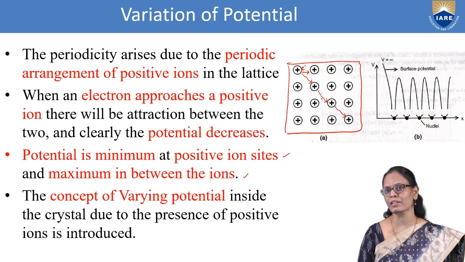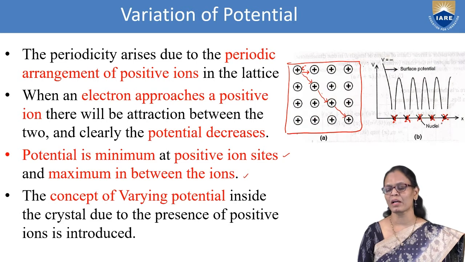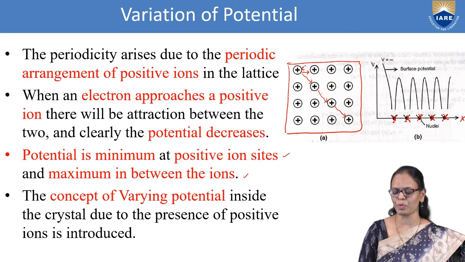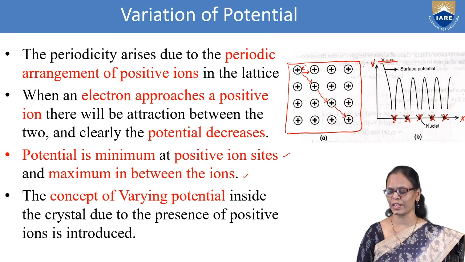So this is what we are talking about: periodicity. If you see in this diagram, this is a positive ion site. These are the positive ion sites, or we call them nuclei. Now an electron which is approaching this positive ion site, if we plot x, the distance, versus potential, and we have considered that at the surface the potential is maximum or infinite.